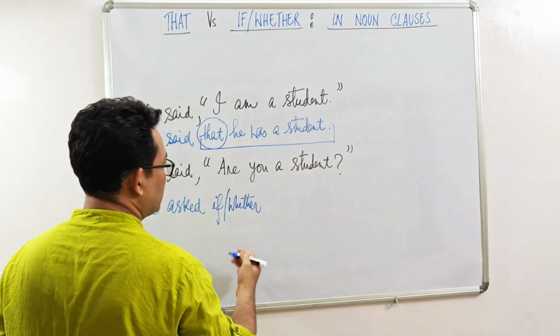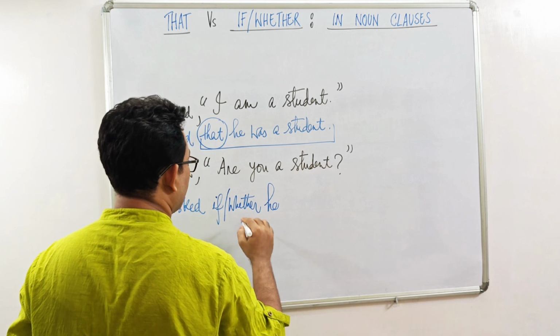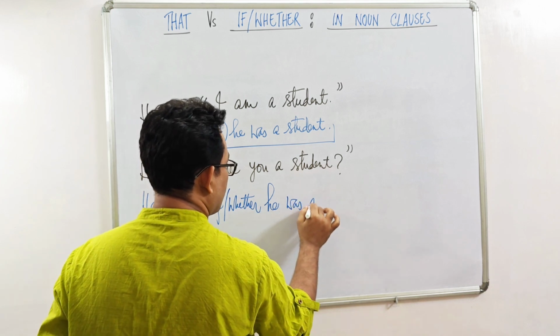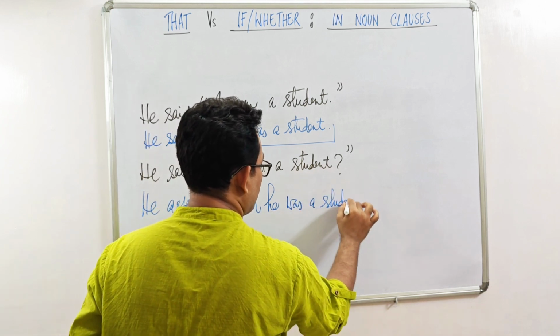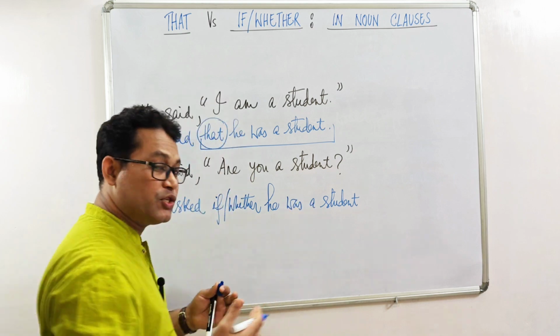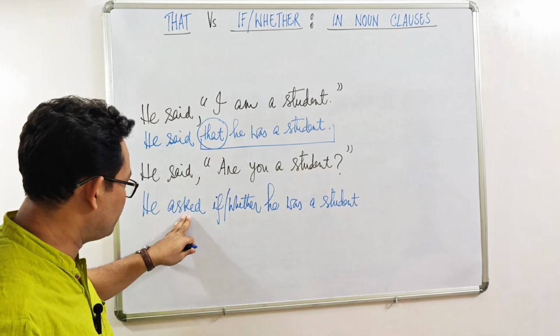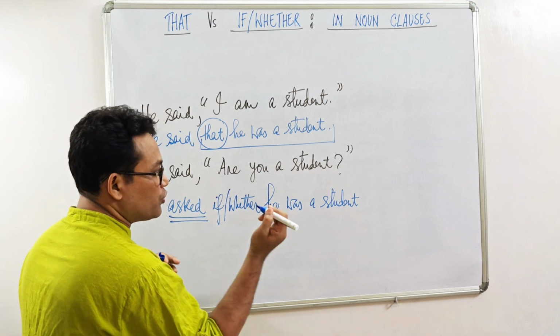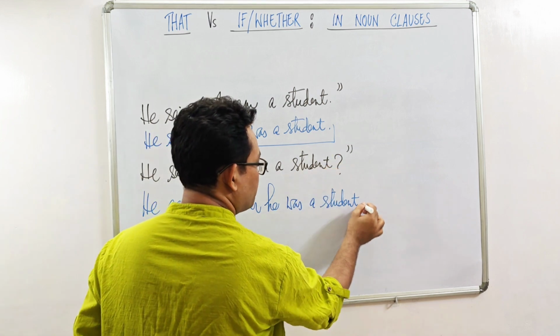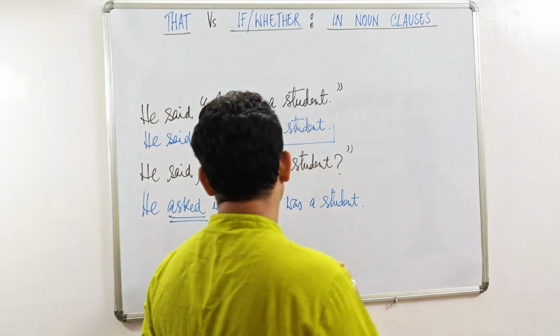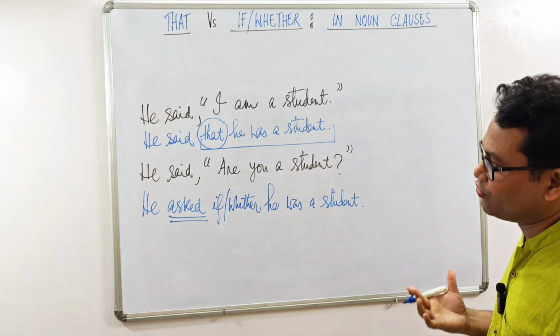Then the subject will come first. And since we are indicating the idea of question or interrogation through this verb asked, we should not put the interrogation mark, we should put full stop. Okay, so this is simple exercises of narration.